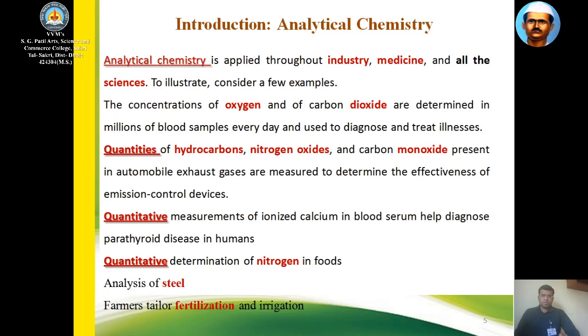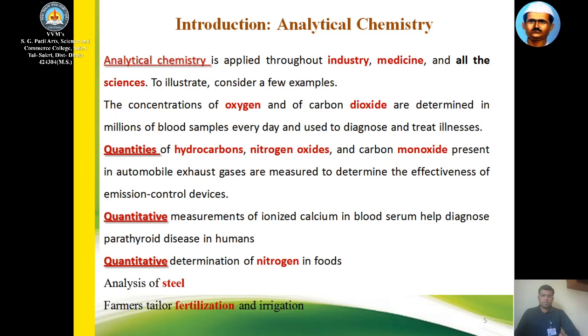Analysis of steels. Farmers also benefit by analyzing the soil to decide which fertilization should be utilized in that soil. Irrigation purpose is also there, and that is a very useful application of analytical chemistry.